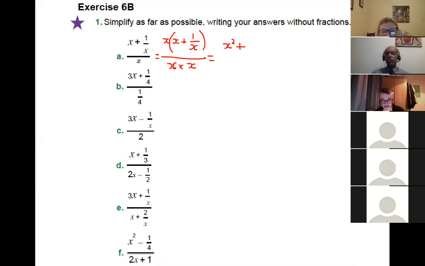No matter what value you put in x, it's always going to be 1. I can put 10 for x, I'm always getting 1. So x divided by x is just 1. And that's how we get rid of that x, by just timing the top by x. So x squared plus 1 divided by x squared.